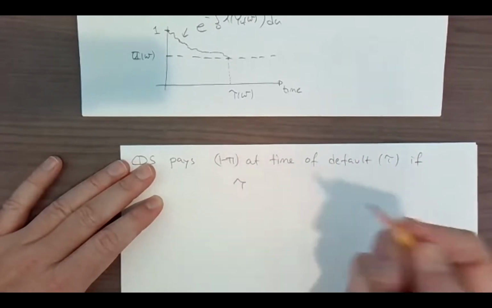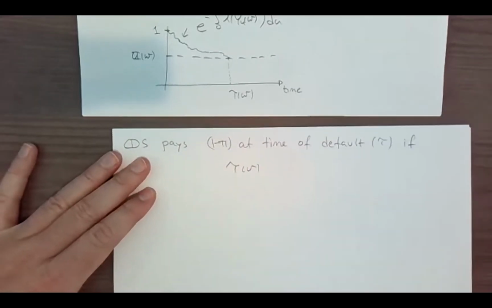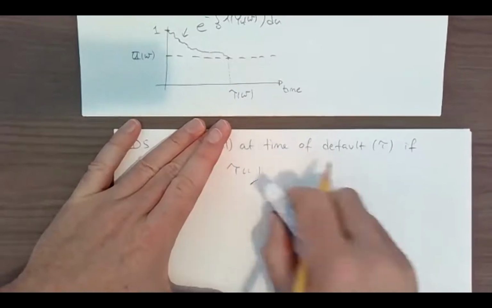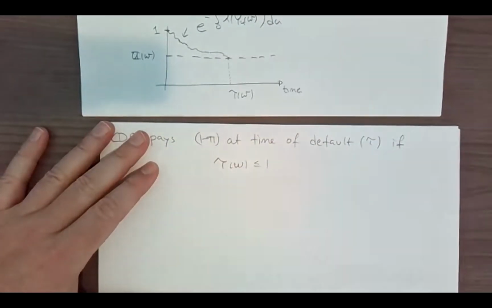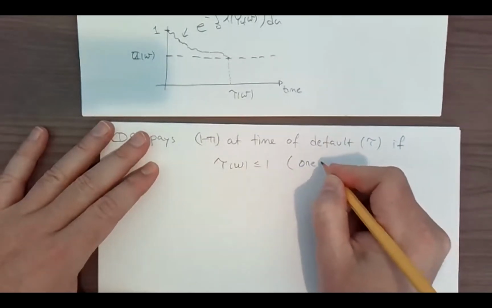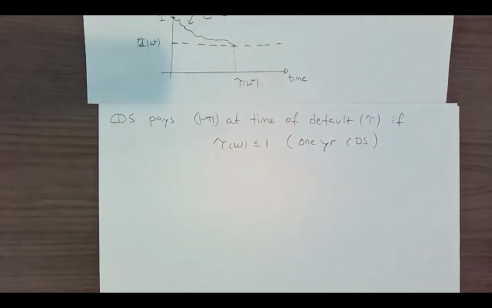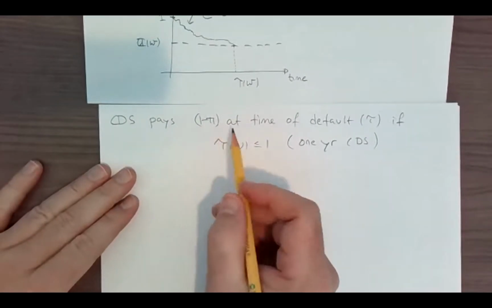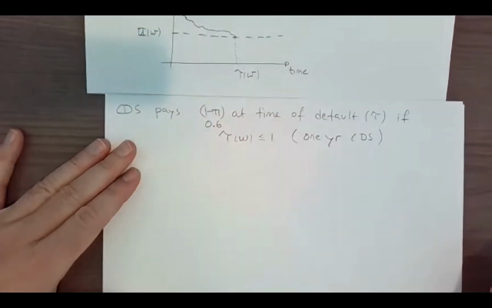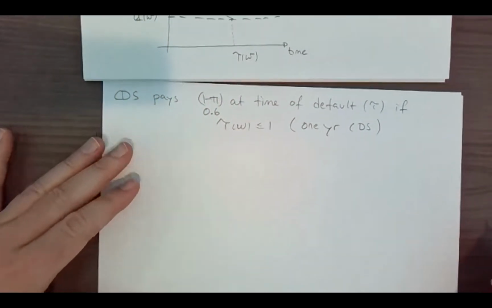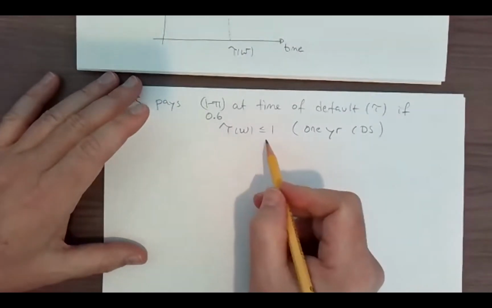If tau of omega is less than, say, 1 year, so this is a 1 year CDS, it could be other maturities, but let's just do 1 year, it pays 1 minus pi. For all practical purposes this is 0.6, at time of default, if default happens within the first year.